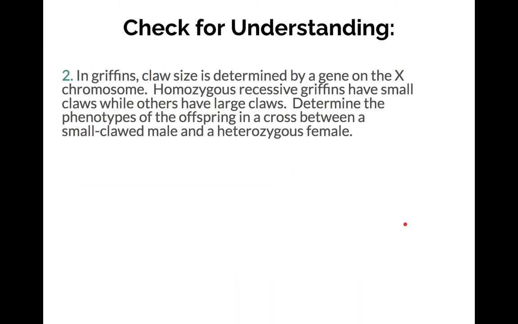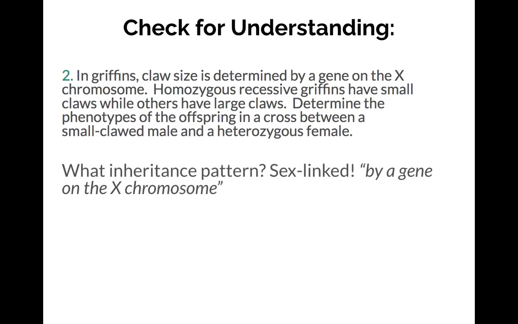Okay, number 2. So we should have read through that problem. All right, now we're going to break this down a little bit more. So first off, what inheritance pattern are we looking at? We are looking at a sex-linked inheritance pattern, okay, because it's telling you gene on the X chromosome, right?